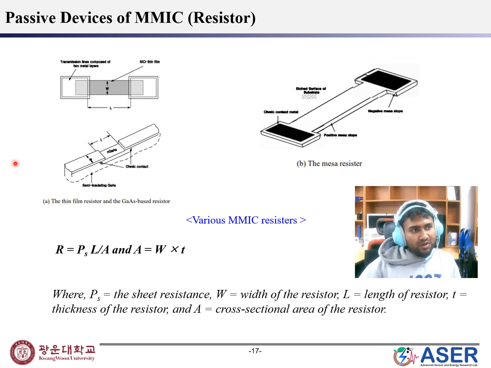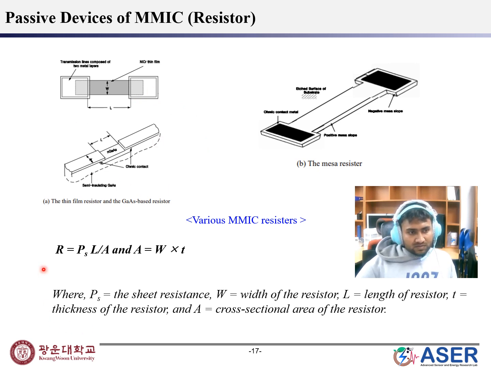Passive device of MMIC, then one of them is the resistor. There are various MMIC resistors, mainly the mesa resistor, the thin film resistor, and the gallium arsenide based resistor.